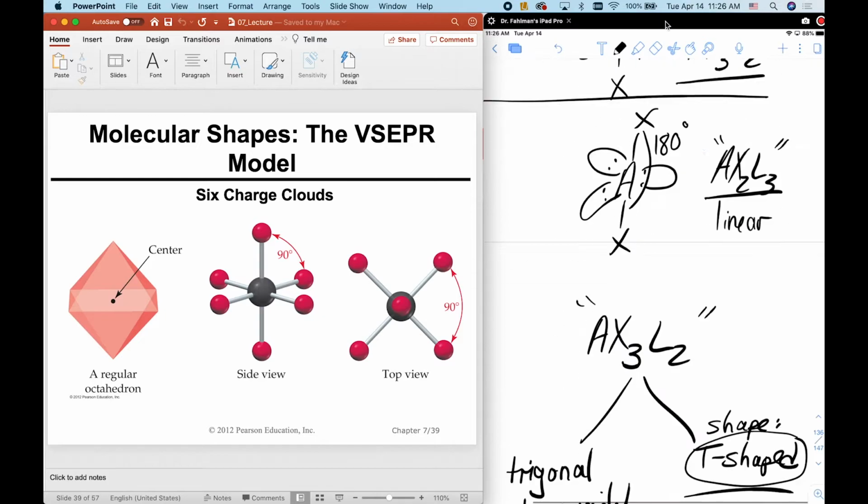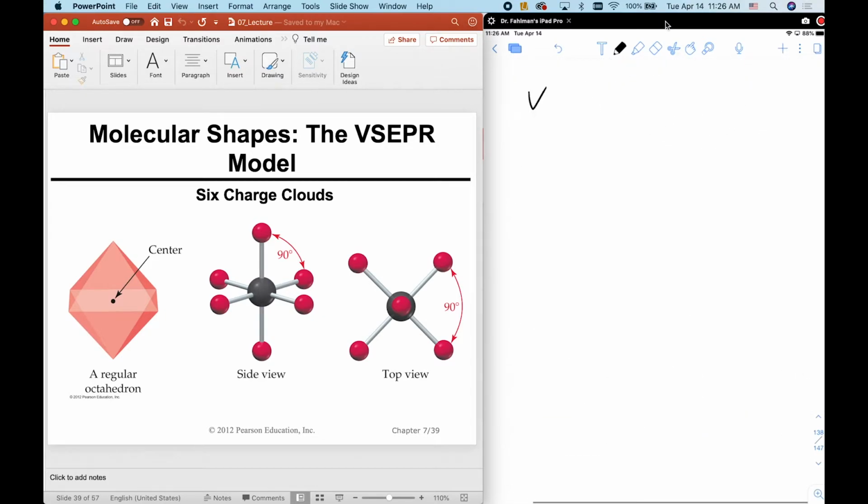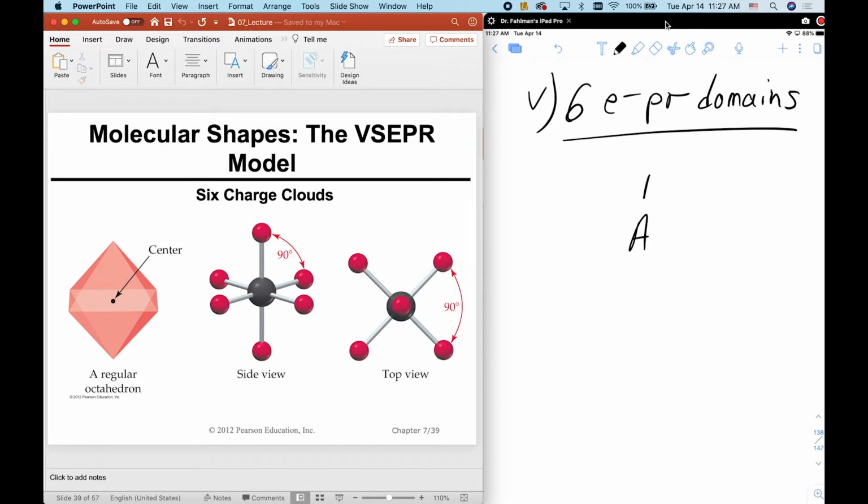The fifth variety here is six electron pair domains, and this one looks like this. Our AX6, in other words: six things bonded to a center.